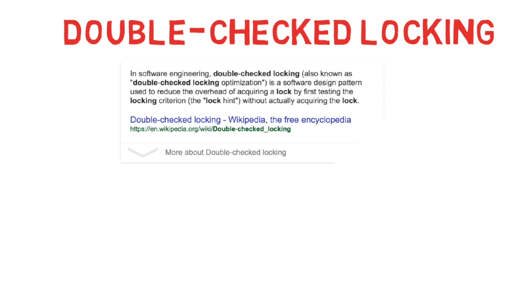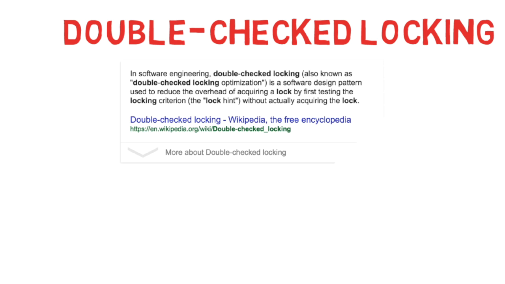We already know that synchronizing access to any variable or portion of code is extremely expensive. So we want to avoid doing that wherever possible. Double-checked locking helps us do this by first testing to see whether locking is really needed, by testing something called the locking criterion or the lock hint.